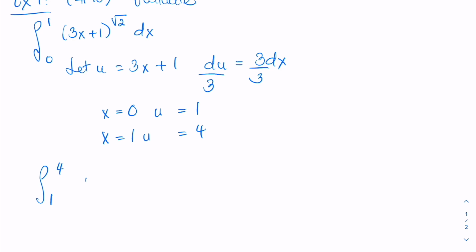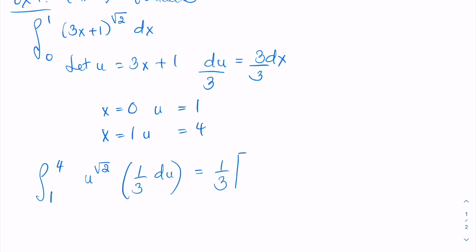And I have u to the square root of 2, 1/3 du. So I can take the 1/3 out. And for the integration, I'm just going to leave plus 1 like that. We don't have to use a calculator.